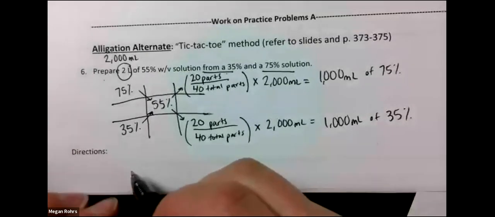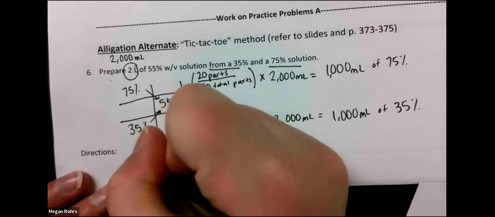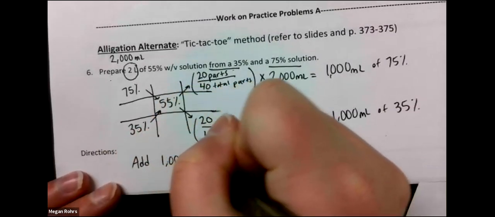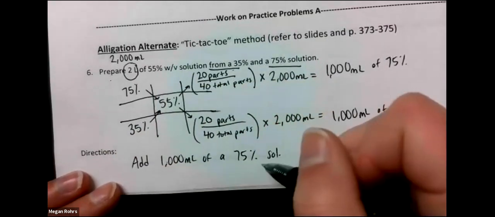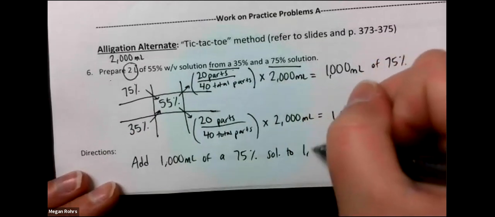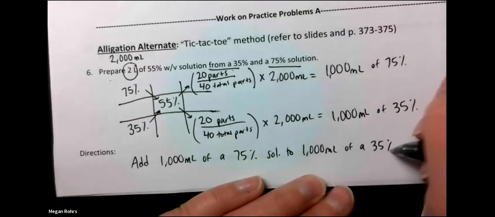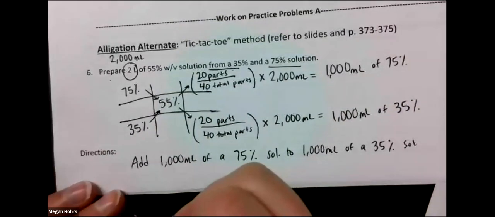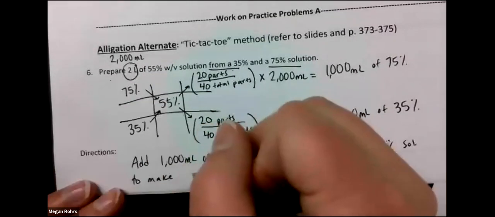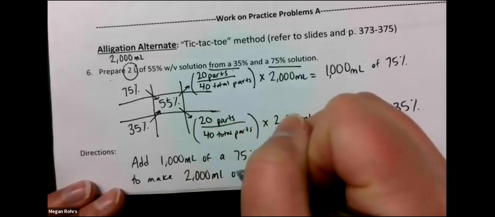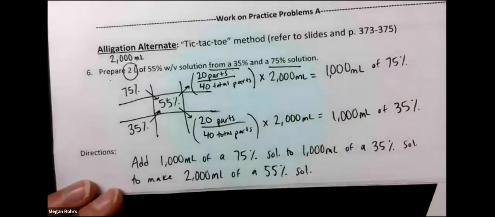So now my directions here, I want you to visualize what we're doing. So we're going to add 1,000 mils of a 75% solution to 1,000 milliliters of a 35% solution to make 2,000 mils of a 55% solution.